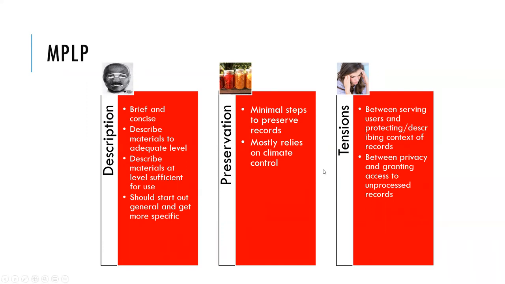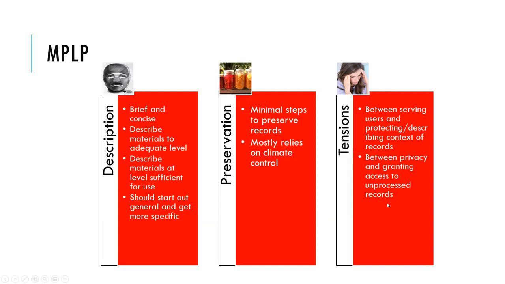I touched on how MPLP is focused on preservation as well as processing, and it really is focused on providing the minimal steps to preserve records and not focusing on doing item level preservation by doing things such as removing paper clips and staples and so on. It really says just get things out there and get them into the hands of researchers. And it mostly relies on climate control as a preservation tool. So really kind of broad general preservation in addition to broad and general description.